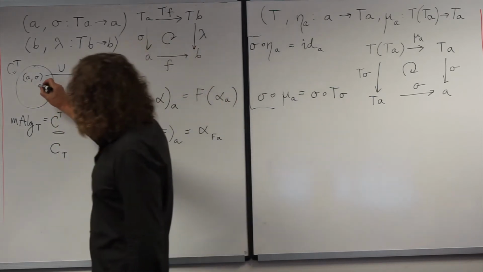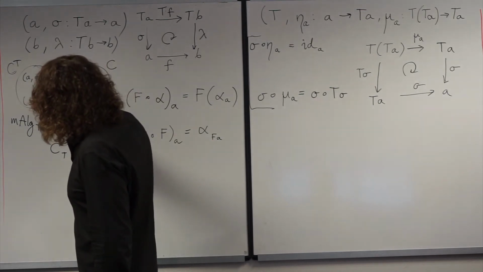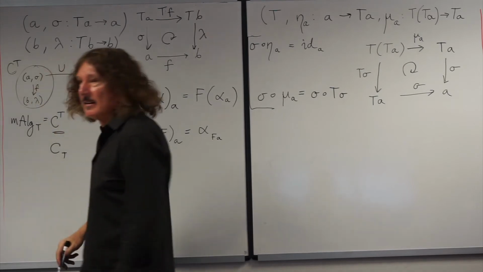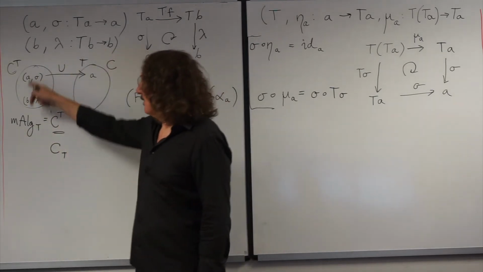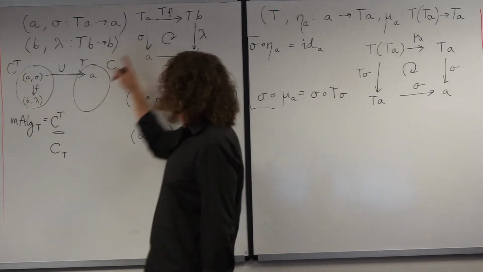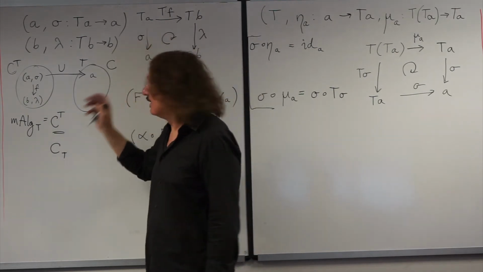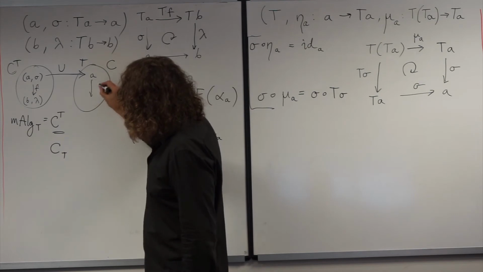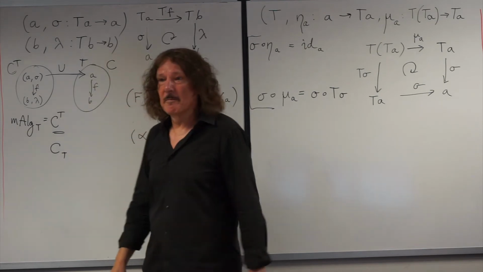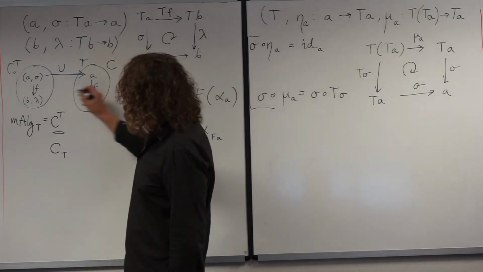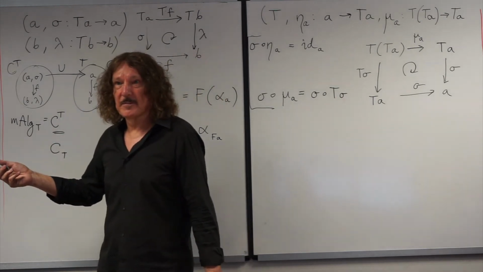If you have a morphism between two algebras, (A, sigma) and (B, lambda), it's a morphism from A to B to begin with, which satisfies this additional condition. But we can forget about this condition. It's just a morphism. So U on this f just gives you f.